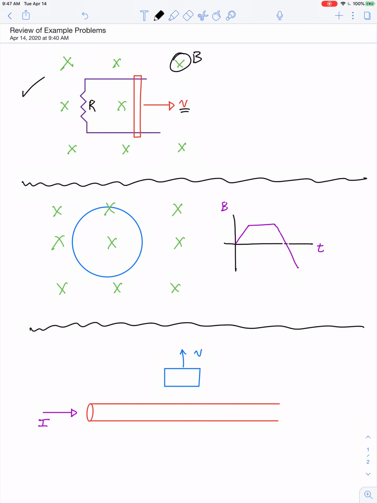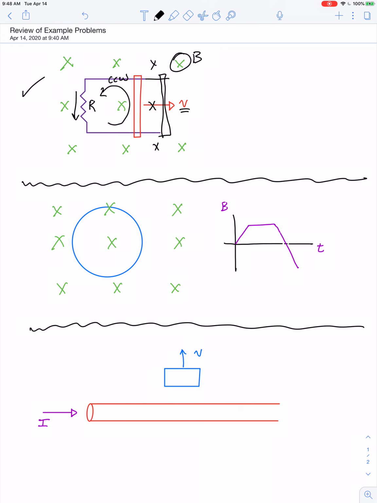So let's think about this one. As the rod moves farther to the right, there'd be even more flux now pointing into the page. So to oppose that, some magnetism should be induced that points out of the page, and that's only going to happen if the current's going in a counterclockwise direction in the loop, which means it's flowing down through the resistor.